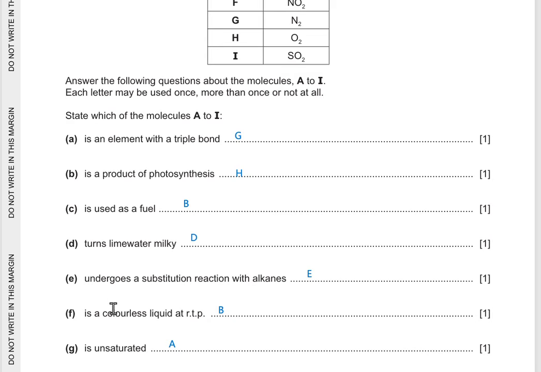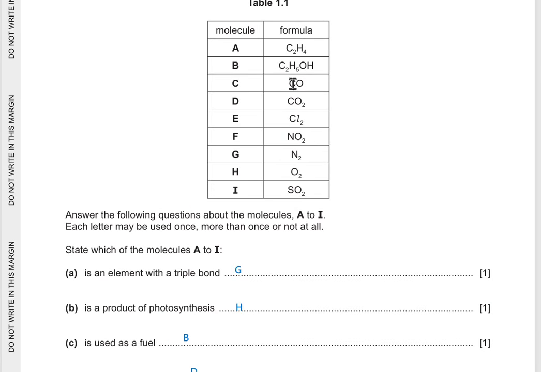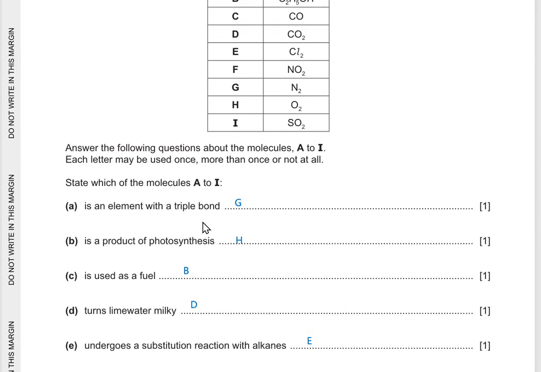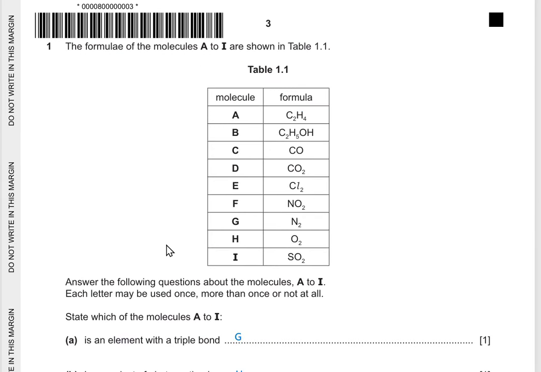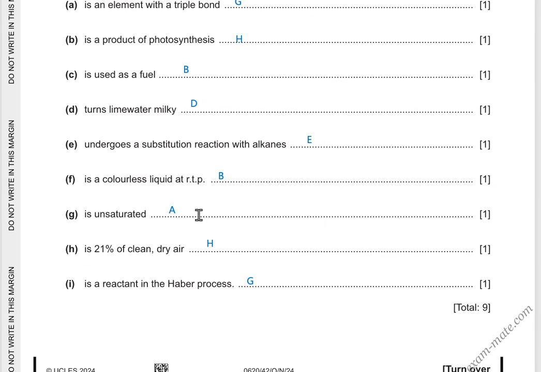E is a colorless liquid at RTP. We know that ethanol is the colorless liquid at RTP. So B is unsaturated, that means it has double bonds. And which homologous series has double bonds? That's right, alkenes. So C2H4, if you look at the general formula CnH2n, that's an alkene.